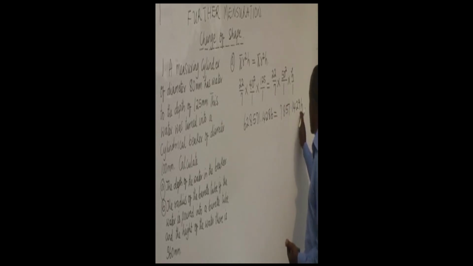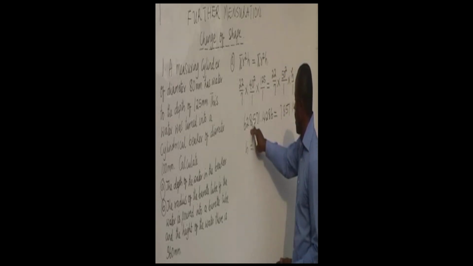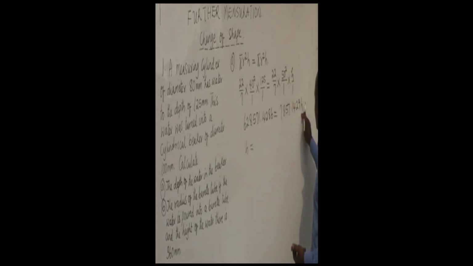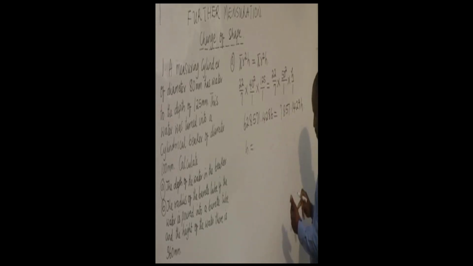So if you want to find the value of h, the value of h is going to be all these things divided by all these things. That is dividing both sides of the equation by all this.